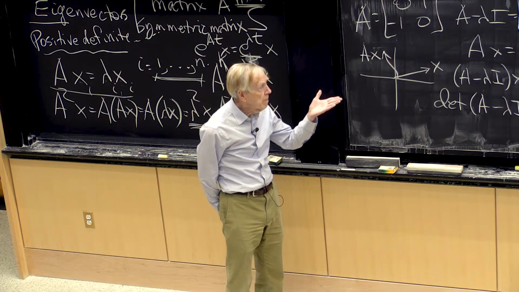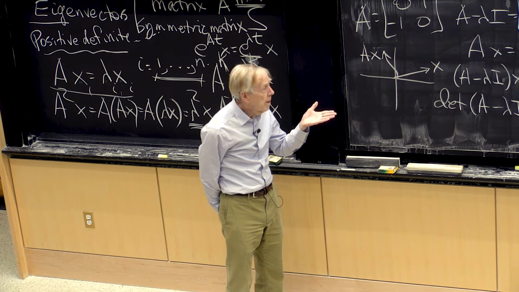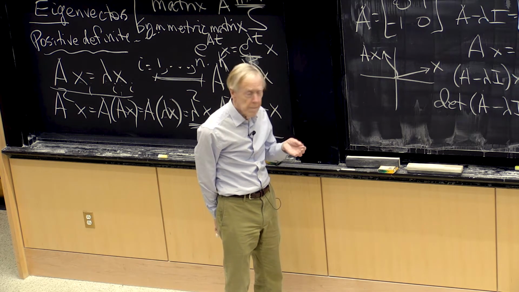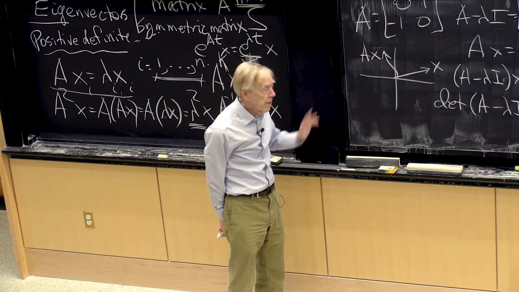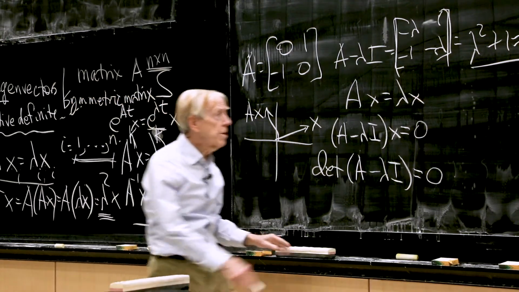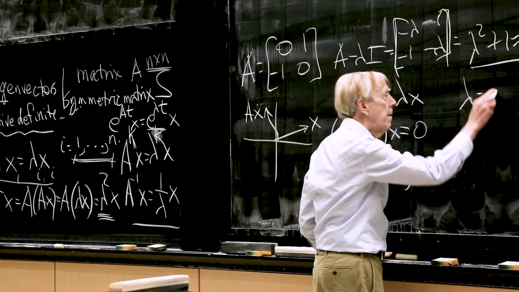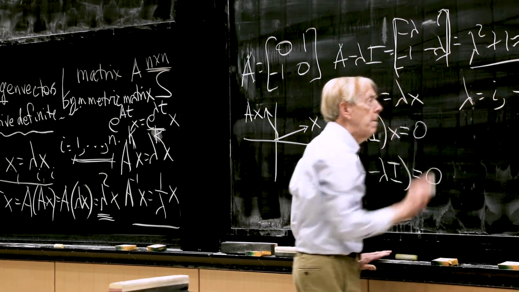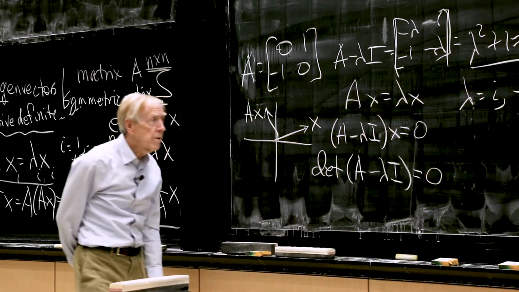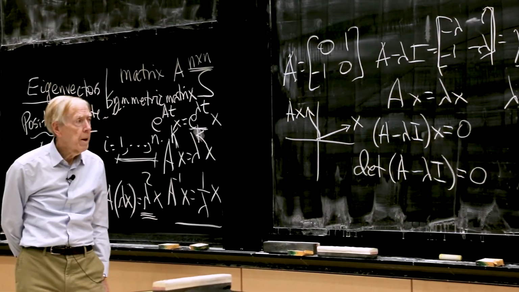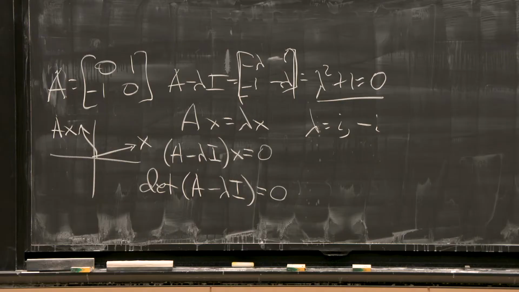But it's showing me that there are 2 λs here, but they're not real, because for that equation the roots are i and minus i. So those are the eigenvalues, and they are the eigenvalues, no doubt about it.